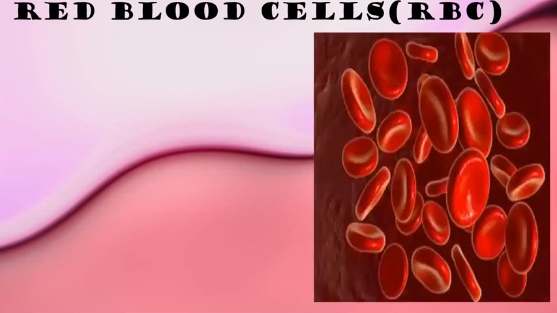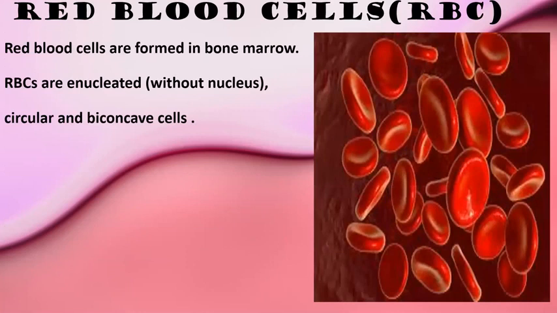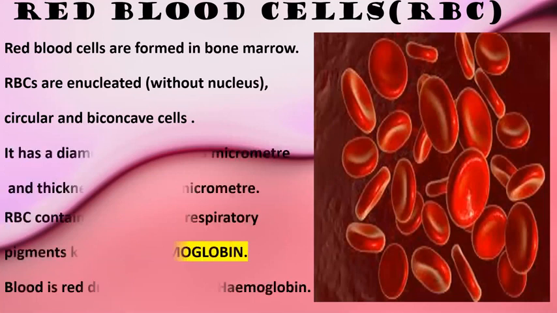Let's talk about red blood cells, also called erythrocytes. Red blood cells are formed in bone marrow, found inside the bones. RBCs are anucleated, that is, RBCs do not have a nucleus in them. They are circular and biconcave cells.